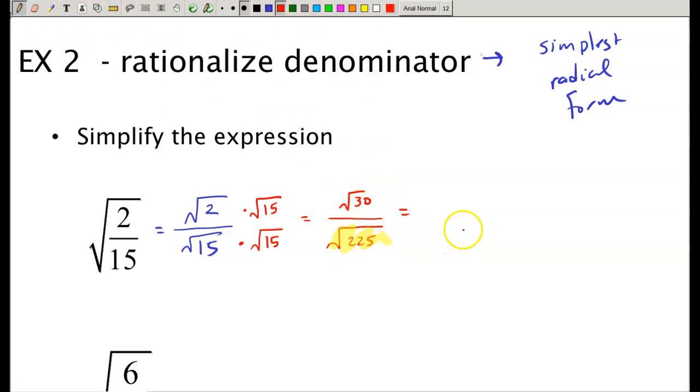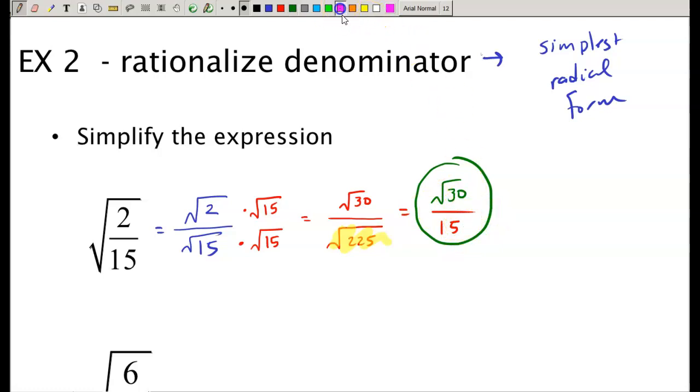That's going to become just the whole number 15. Because when you take a square root and multiply it by the exact same thing, you get just whatever the radicand is. In this case, it's just 15. So that's a pattern that always happens and always works. On the top, we get root 30. So simplest form would be the square root of 30 divided by 15.